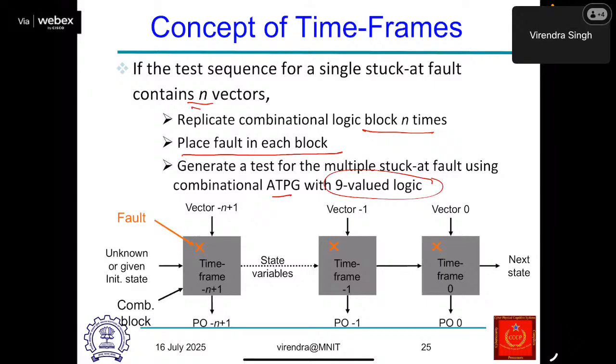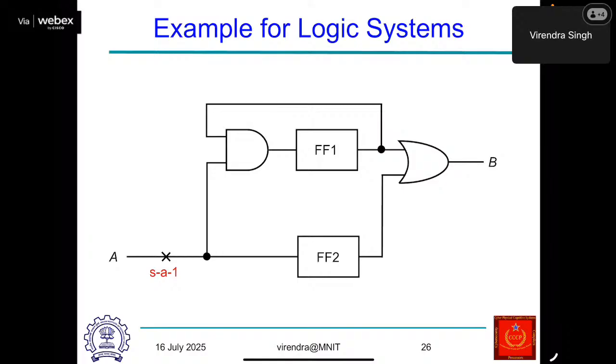Let's take this circuit. It has one AND gate and one OR gate and two flip flops, very simple circuit. Let's say there is a stuck at one fault at net A.